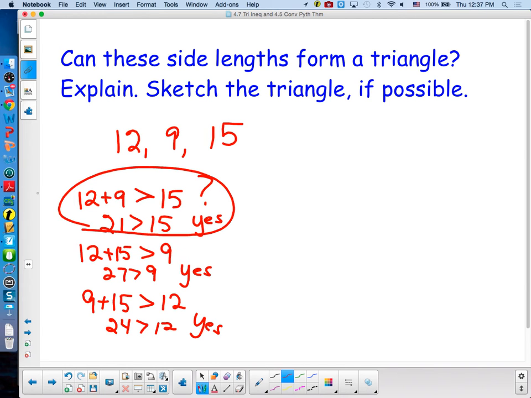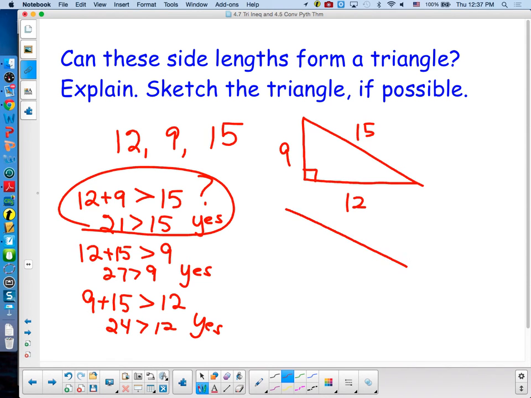Okay, in part of what I did with you yesterday, I asked you to draw what the triangle would look like. So what kind of triangle is this? The longest side in our picture is going to be 15. But I'm not sure if it looks like this, with a 15 here, a 9 and a 12.